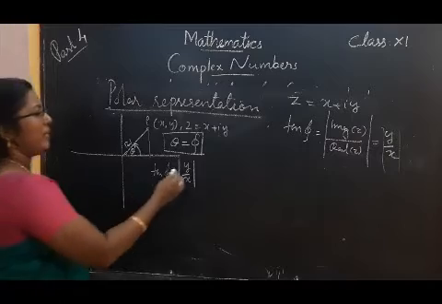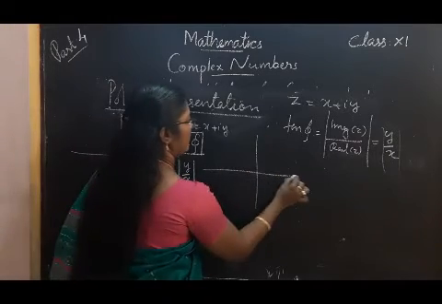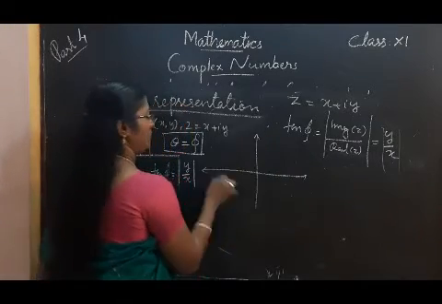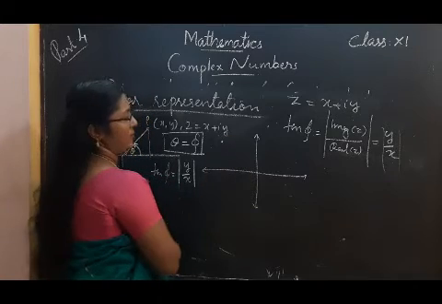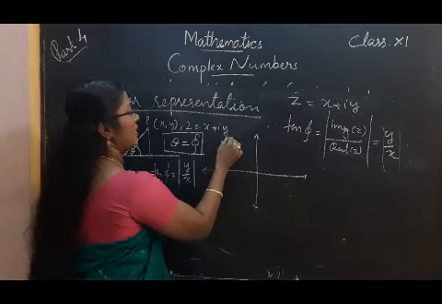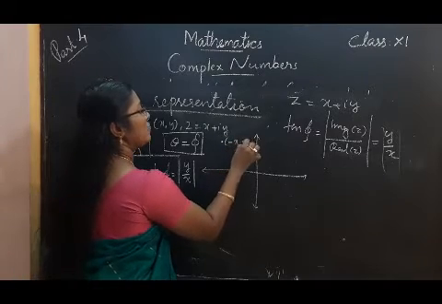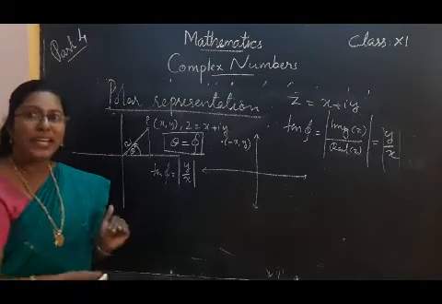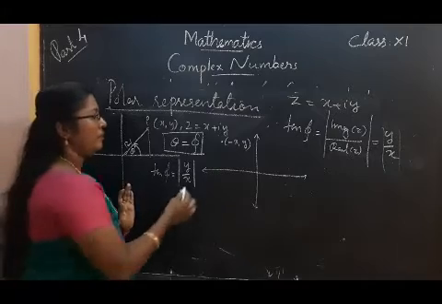So theta and phi are equal in the first quadrant. Then suppose it is represented in the second quadrant, and P is here. Here x is negative, isn't it? Minus x, y.